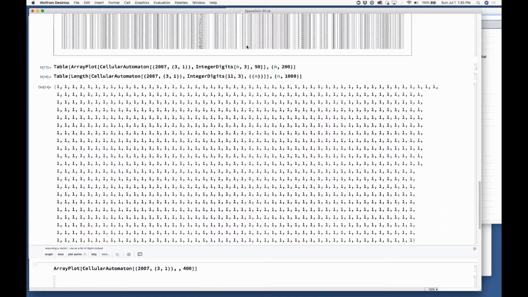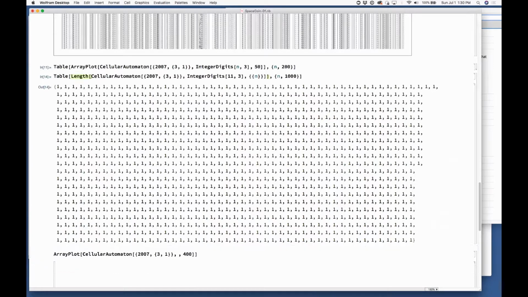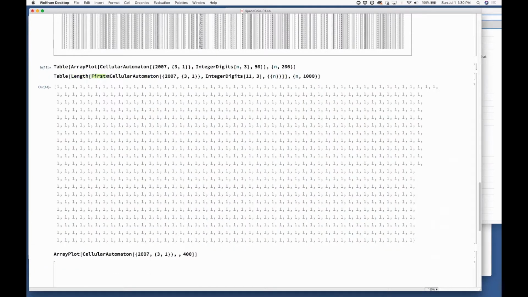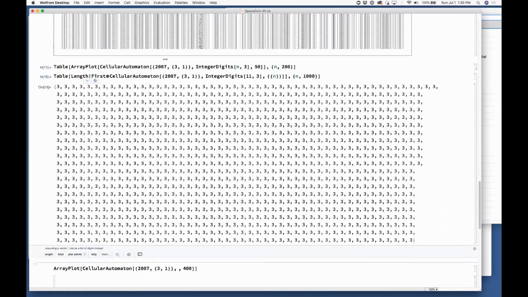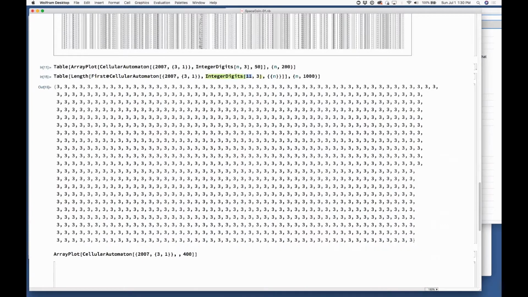Okay, that's totally boring because I didn't do the right thing here. I should take the length of the first of that. So this basically didn't grow. That's a little odd. Oh, that's because I said integer digits of 11, which is kind of stupid.